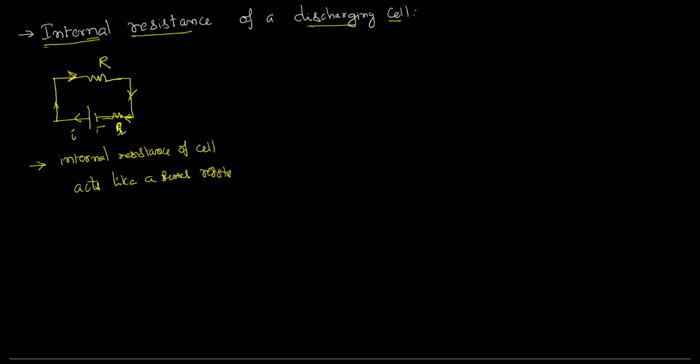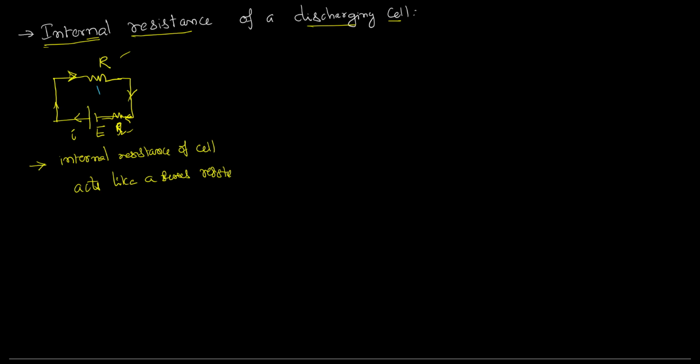Let that EMF be E. Because of that E, the current will pass. As these two resistors are in series, there will be voltage drops across them. The current is the same in series, but the voltage drop will be different.